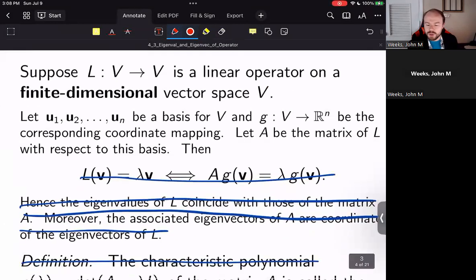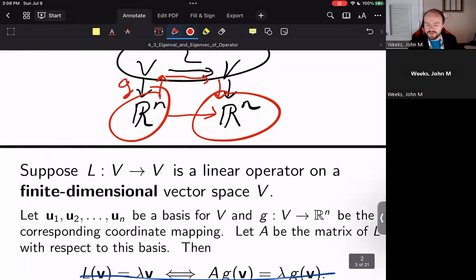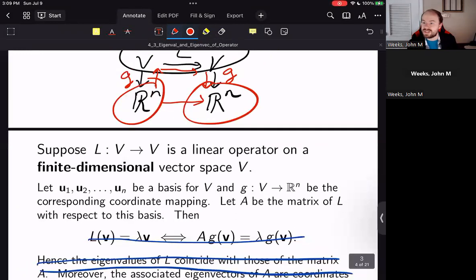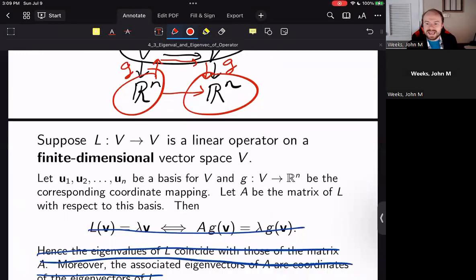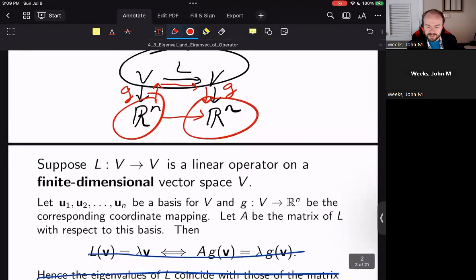Let U1 through Un be our basis for V, and let G from V to Rn be our mapping from the vector space into Rn. In this case, we're just going to use the same basis each time. Let A be the matrix of L with respect to this basis. Then, whenever we're working with something going from this vector space into this vector space, we can make the connection in the following way.